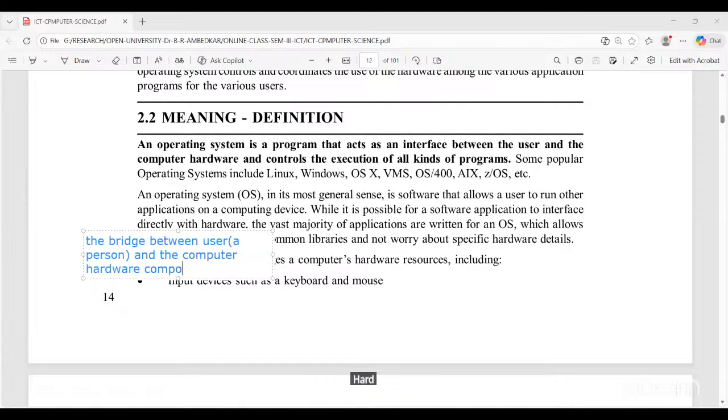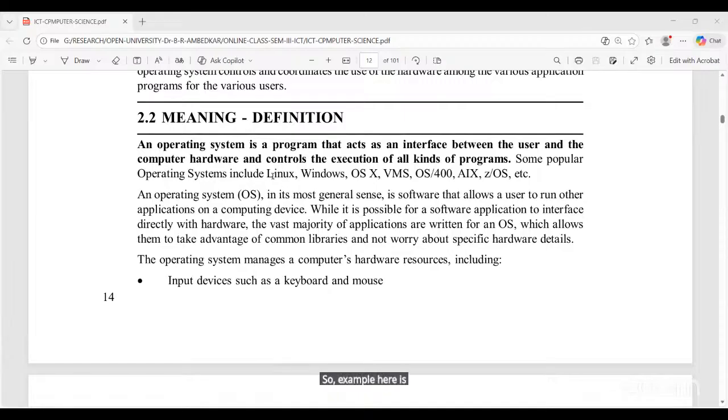So this operating system is a bridge between you and the computer hardware. Bridge here means it will understand all the instructions.